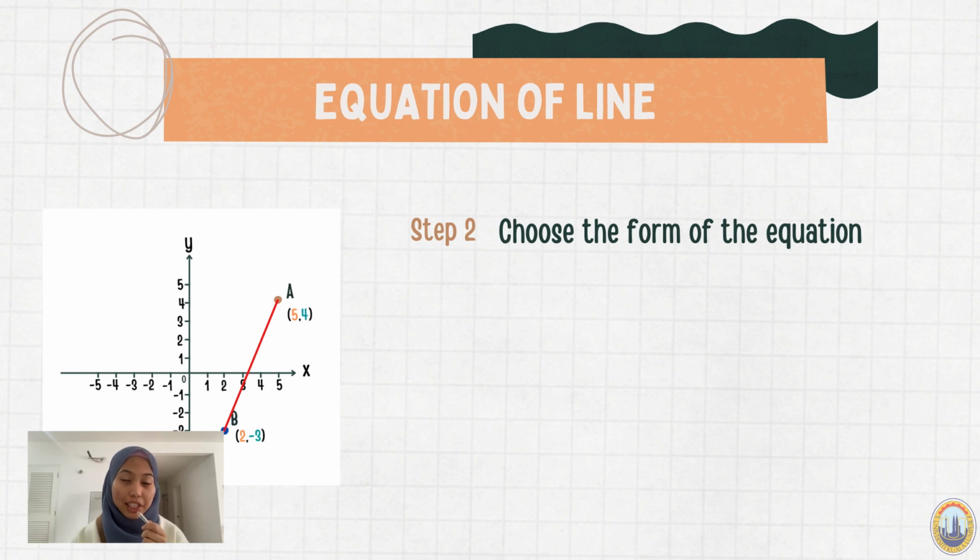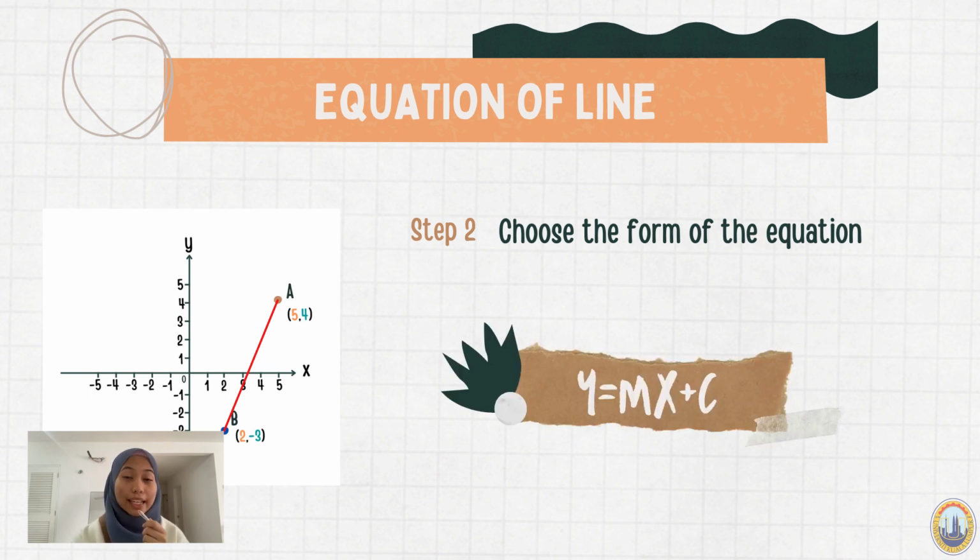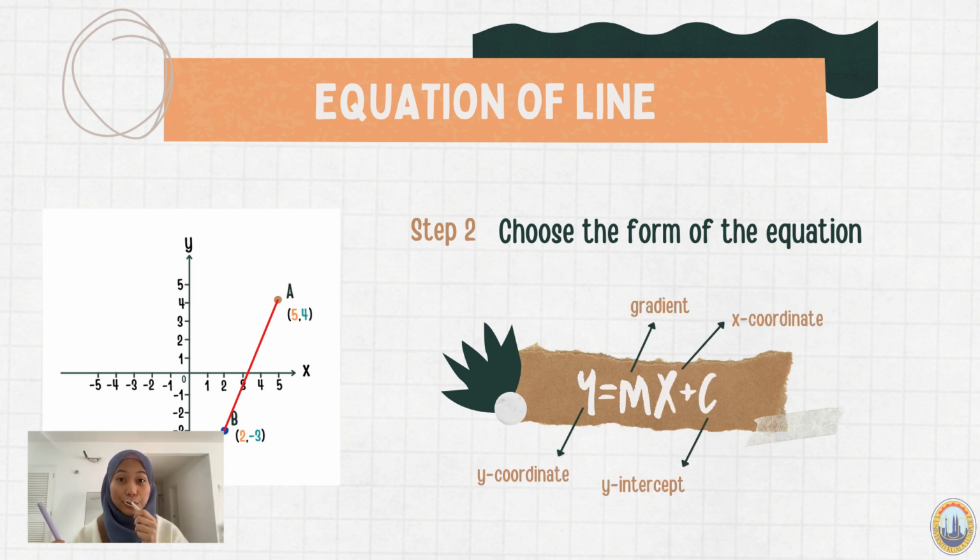For this question, I will choose the equation of the straight line, y equal to mx plus c. y stands for the y coordinate, m stands for gradient, x is the x coordinate, and c is the y-intercept. So, this is the equation of the line that we will use in the next step.